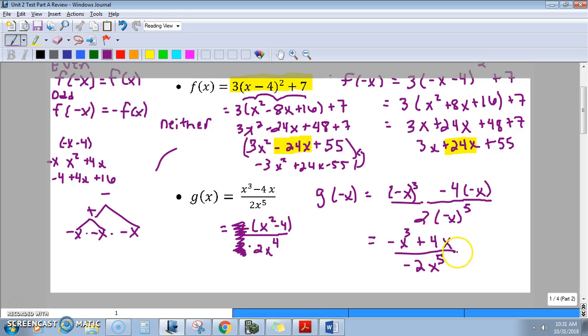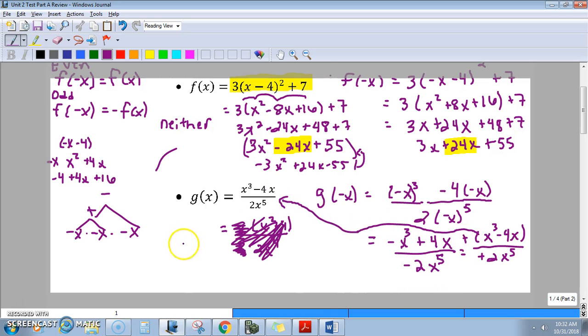Okay, so right here you're going to want to stop, but don't, because if I factor out a negative on the numerator, then I get positive x cubed minus 4x all over negative 2x to the 5th power. And then these two negatives cancel out and make a positive. So what I've done, I told you I didn't need to simplify this over here, because now this already looks like the original output. Okay, so this is an even function.